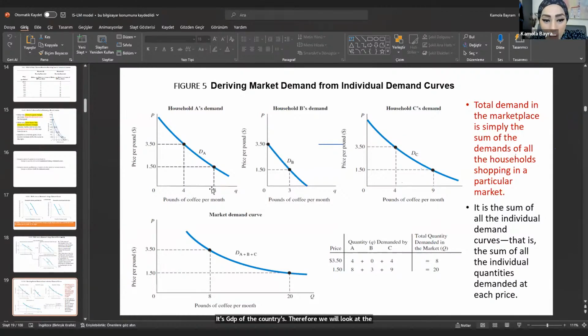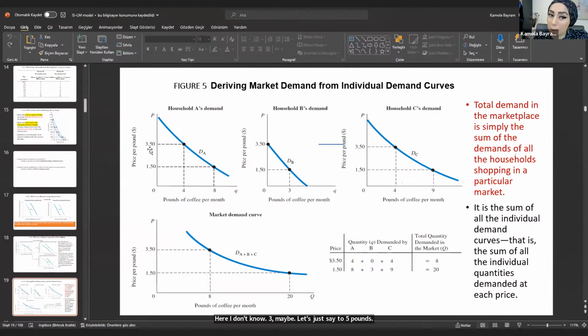Now, we have these 3 households consuming pounds of coffee per month. If the price goes to, let us say, $5, this family is not going to consume.